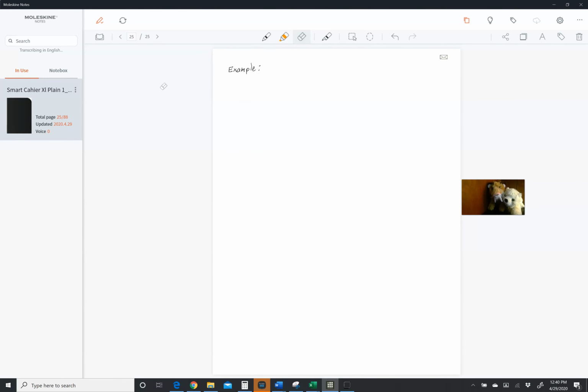So let's say that we're told the cotangent of theta is equal to, let's make it 11 over 8. Okay, and again, we're going to find all 6 trig functions.